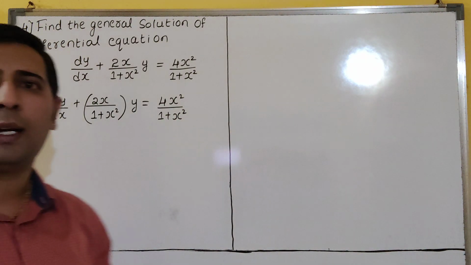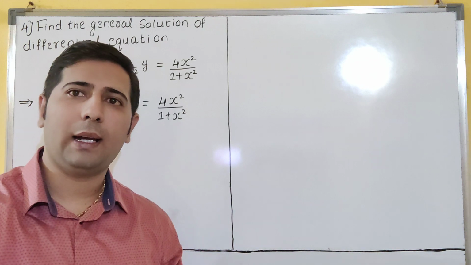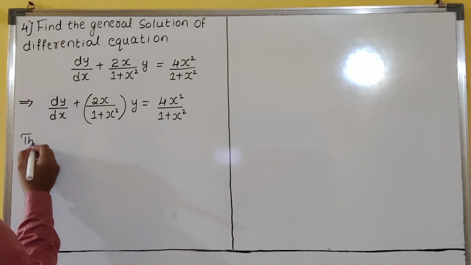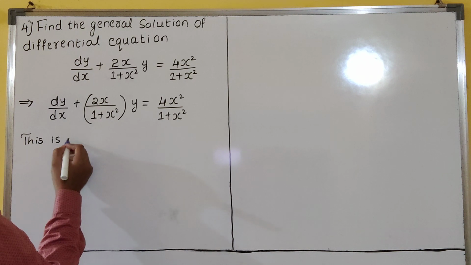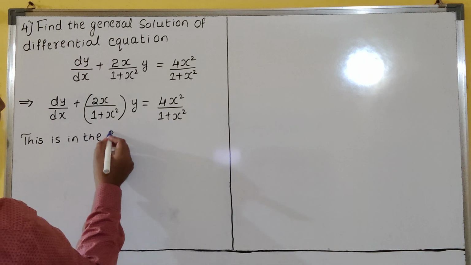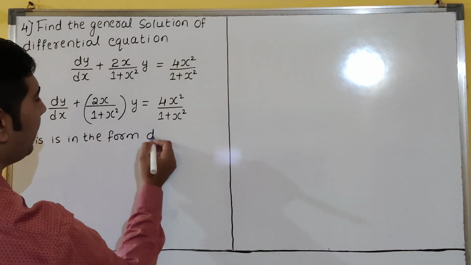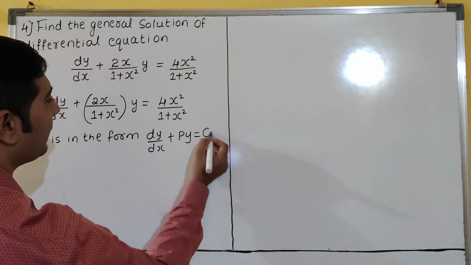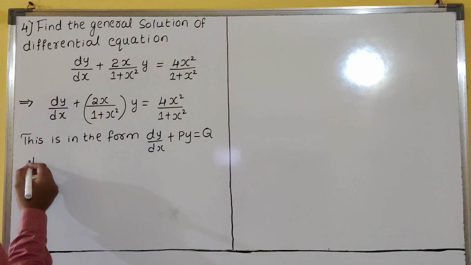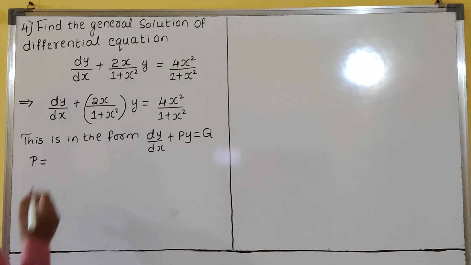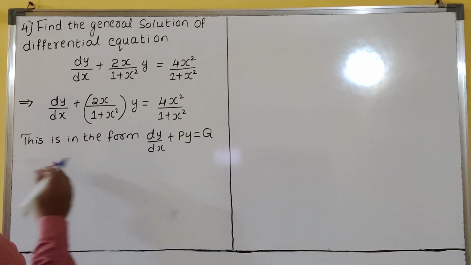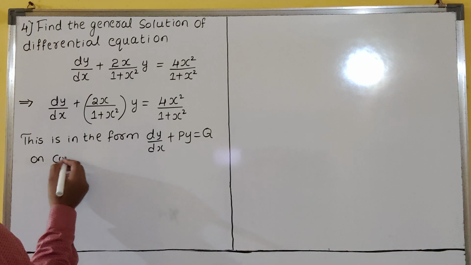So this is the given equation for us, and it is in the form dy by dx plus py is equal to q, where p is what? On comparison.